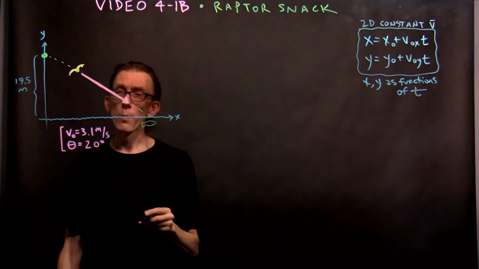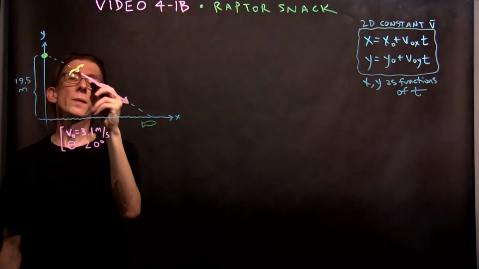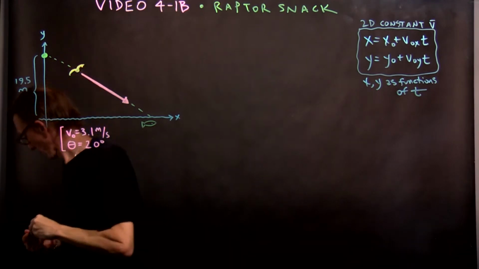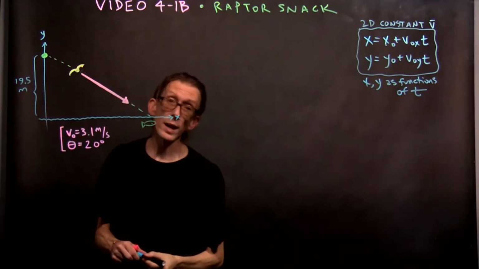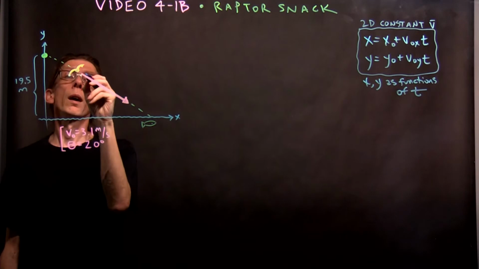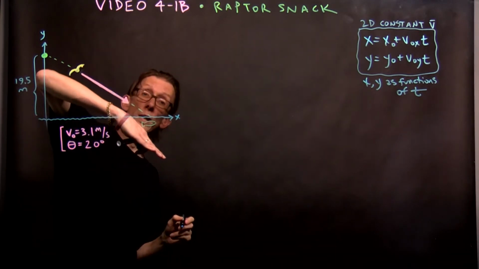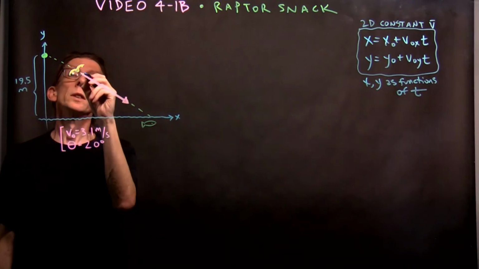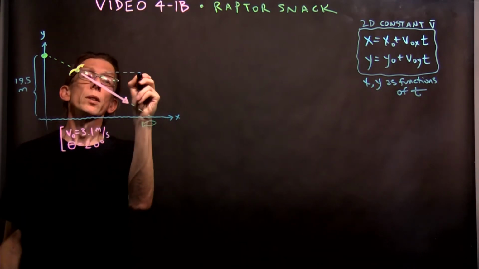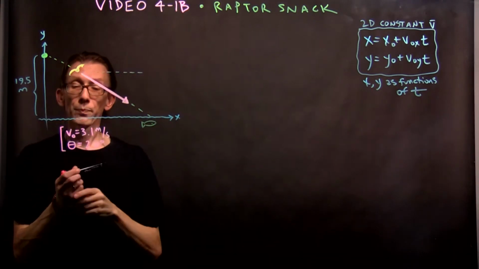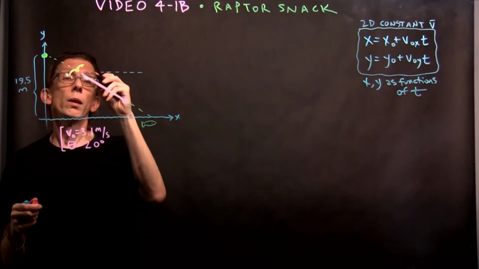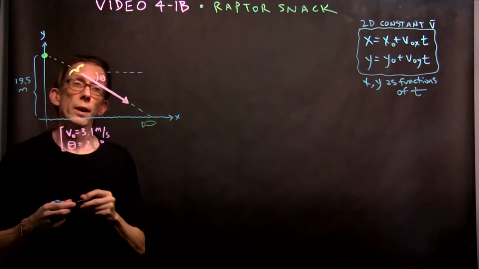And so 3.1 meters per second is the length of it, and when I say it's 20 degrees, what I mean is that the vector itself is pointed 20 degrees below the positive x direction. So here's the positive x direction that way. This angle here is our theta.